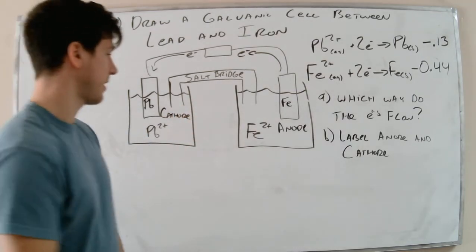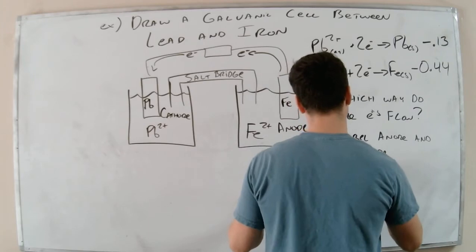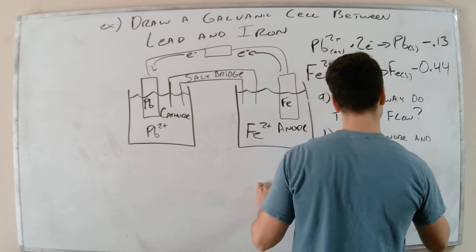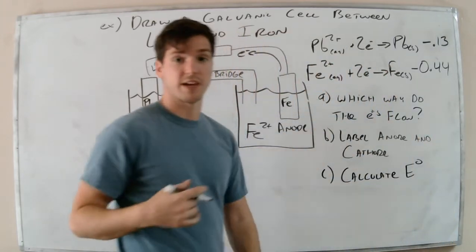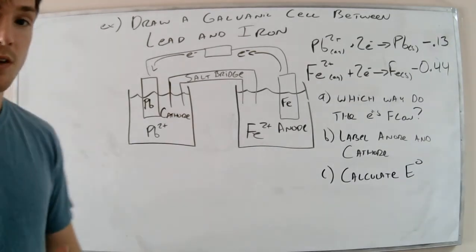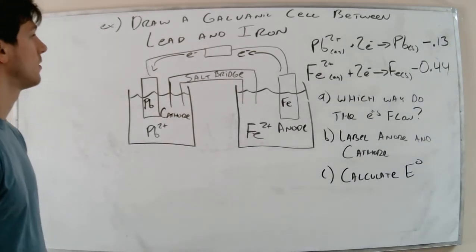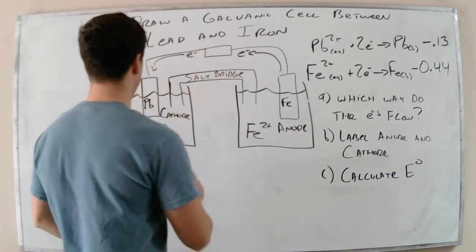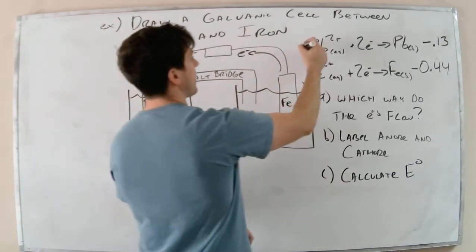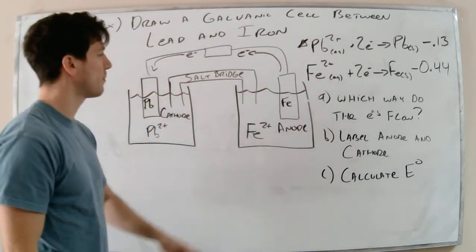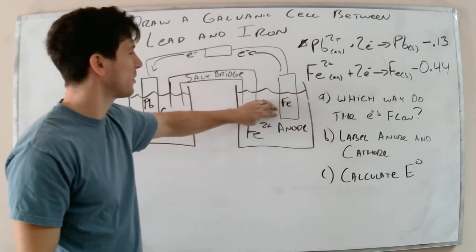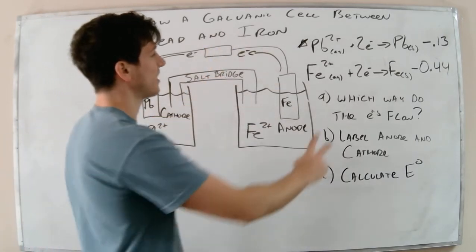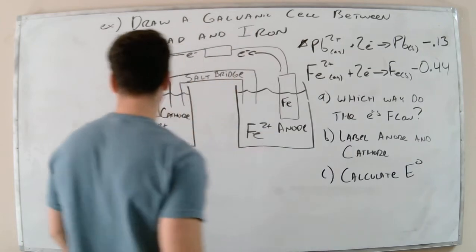I might say, calculate cell potential or E naught. Okay, that's just the electricity. Remember that the one that's being reduced will stay the same. So lead is reduced, so it is staying as is. But remember, iron is no longer being reduced. It is losing electrons. It is oxidized. So remember, we've got to flip this guy.